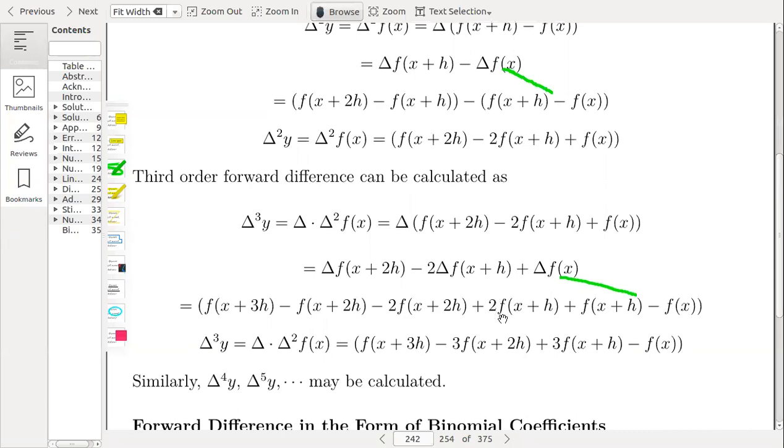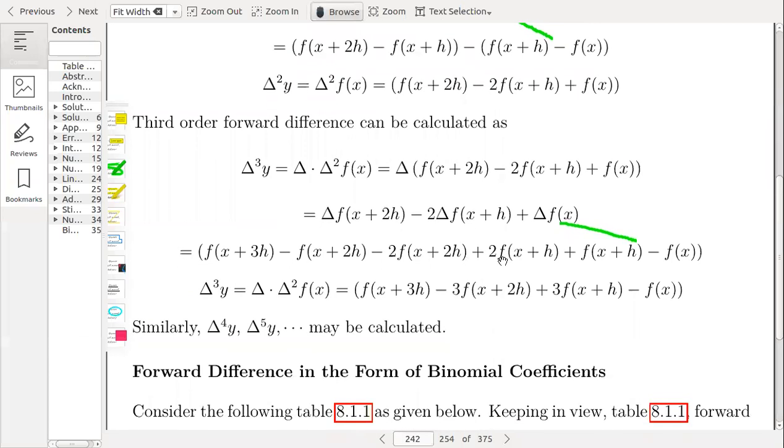Here we can replace: delta f of x plus h is equal to f of x plus 2h minus f of x plus h. And delta f of x plus 2h we can replace with f of x plus 3h minus f of x plus 2h. So minus 2 f of x plus 2h, minus into minus plus f of x plus h.